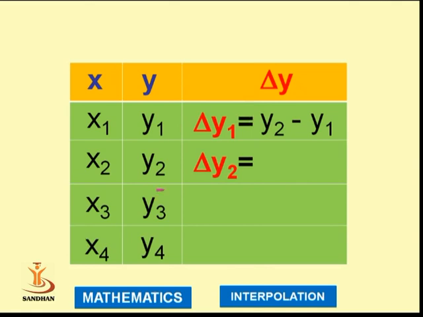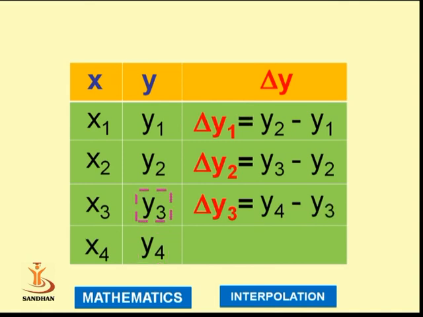Similarly, delta y2 is given by y3 minus y2 and delta y3 is given by y4 minus y3. I hope this is understandable now. Very simple. Now, why don't we have delta y4? Because there are 4 points and y4, the value of the function at x equal to x4, has already been utilized in computing the first order forward difference delta y3. So all the values of the functions have been taken into account and hence we do not go further.